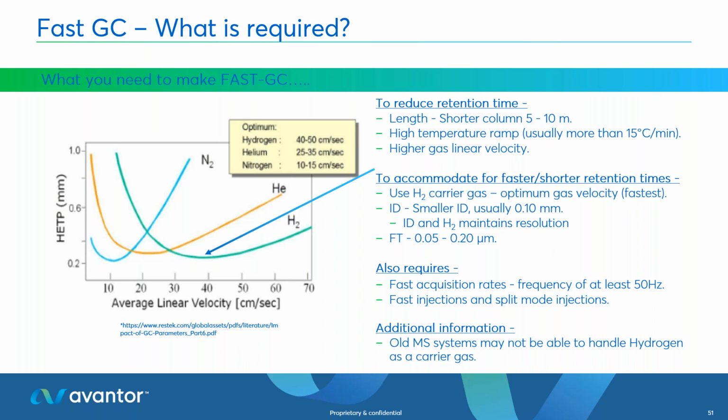So we need to use the carrier gas hydrogen because it travels much faster. We need the smaller ID so we can still maintain the resolution because we have an increased number of plates, as we mentioned before. Then we have a thinner film thickness because we've got these higher temperatures and higher flows. We also need fast acquisition rates because the data is going to be coming out fast, so we need a frequency of at least 50 Hertz. Then we need fast injections and split mode injections, so manual injections are not going to be suitable.